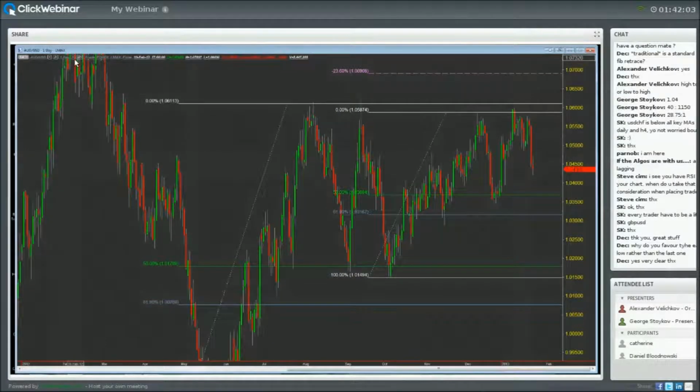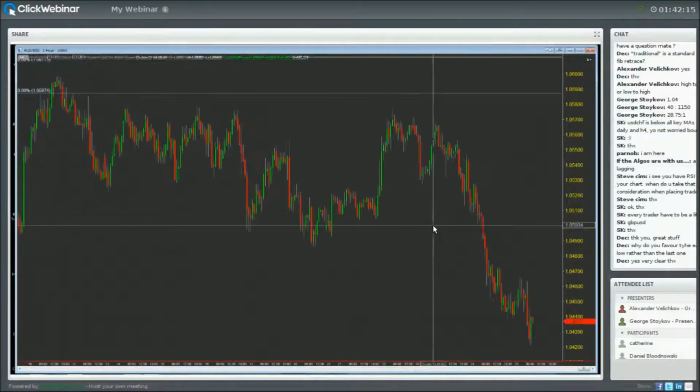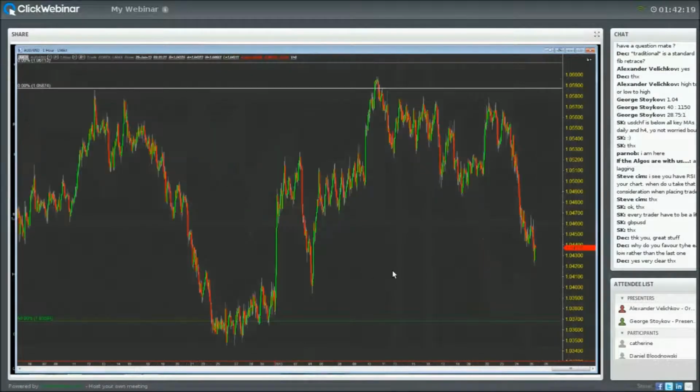We'll have a look at a 1 hour graph. I'll show you where the entry was. I did not consider it myself because I was looking to the upside. However, the Aussie fell flat on its face, guys. Nothing as support over here.